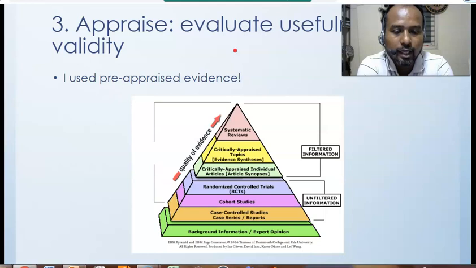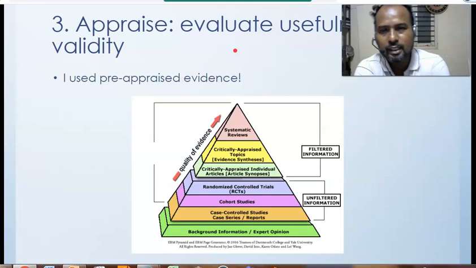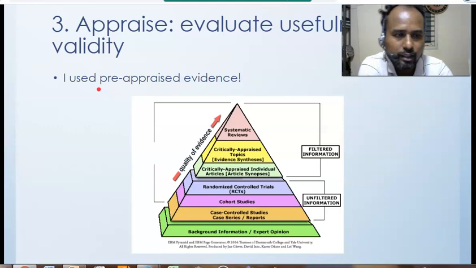It is already evaluated by the authors using strict standards, the Cochrane standards for reviewing. So we don't really have to appraise it to that extent. It's what we call pre-appraised evidence. Since the Cochrane review is already appraised, it's a sort of filtered information.